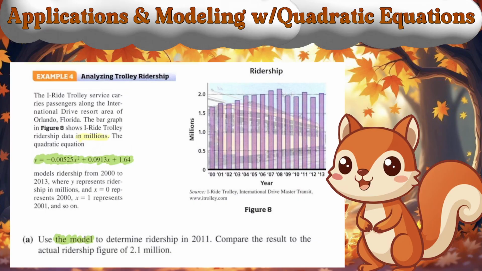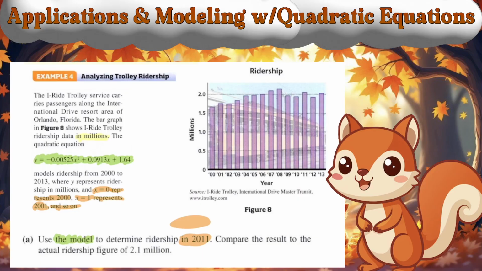Use the model to determine ridership in 2011. So x equals 0 represents 2000, x equals 1 represents 2001, and so on. So in 2011, what are we going to use for x?